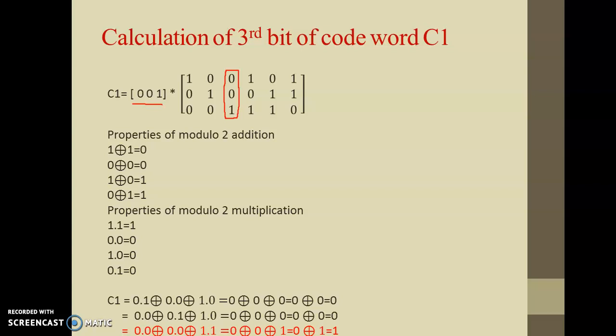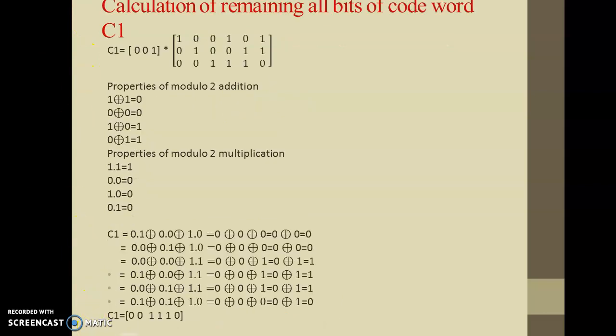This is the calculation of the third bit. So this is basically your code word C1 having all 7 bits.